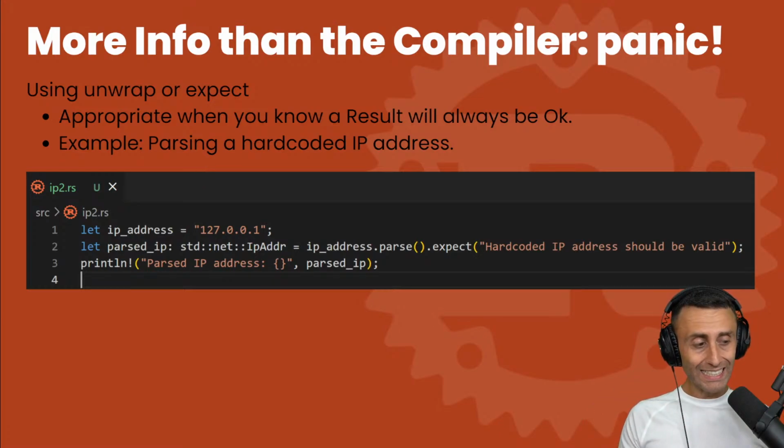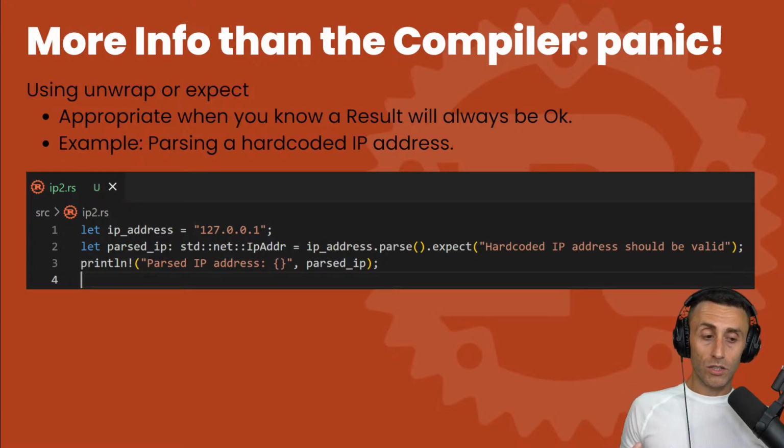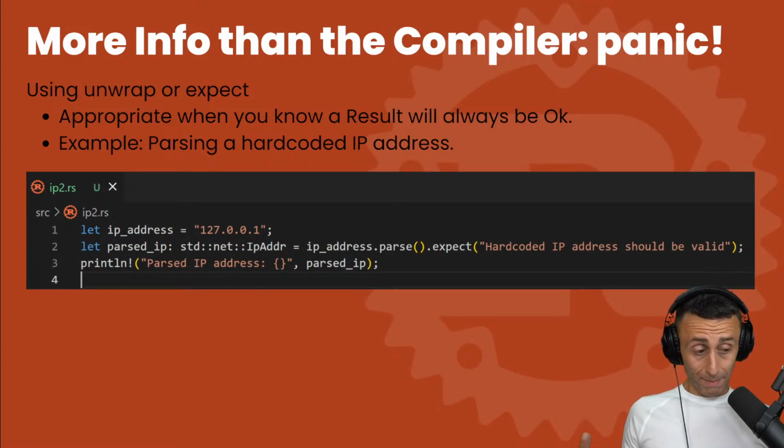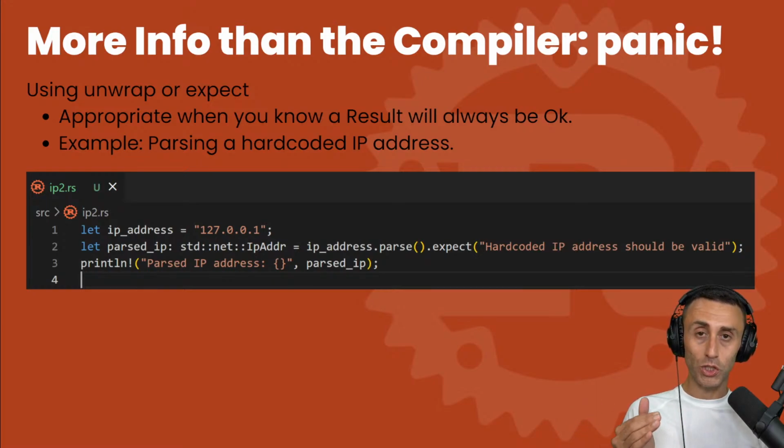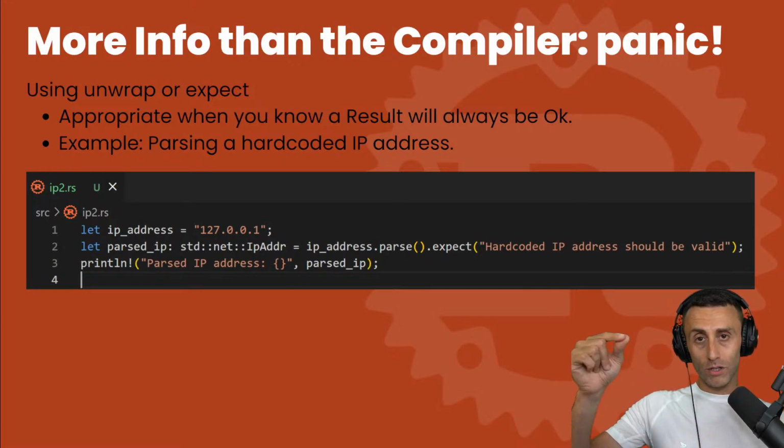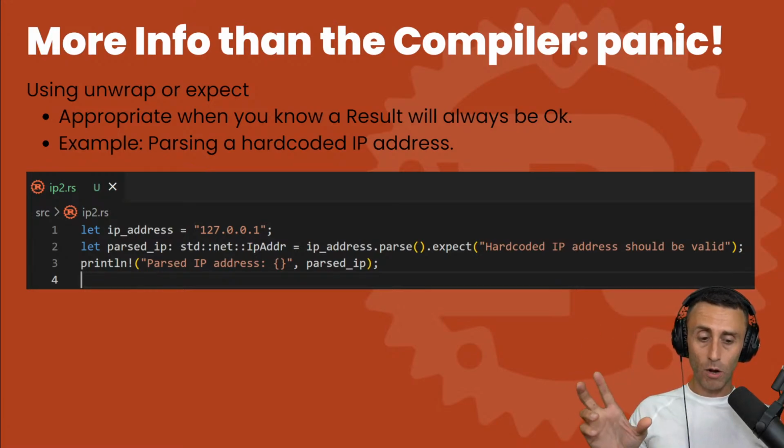So in case we have an error here, we can return a message using the expect method. Hey, we should have the IP here because we just hard-coded it. So this is a custom message for us or other developers that informs the developer of a very strange behavior.